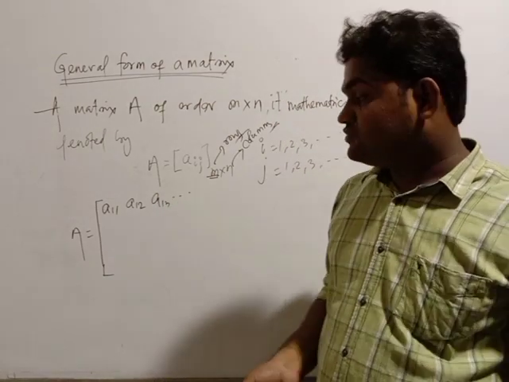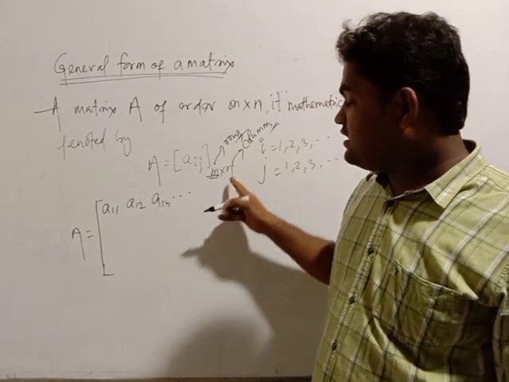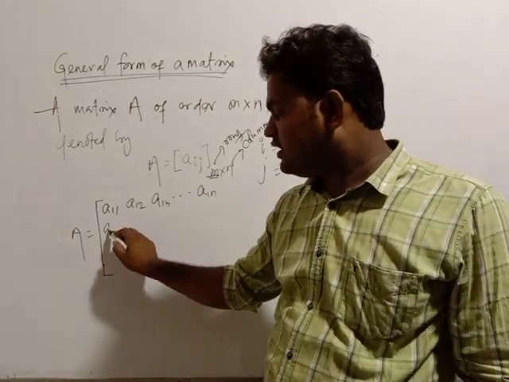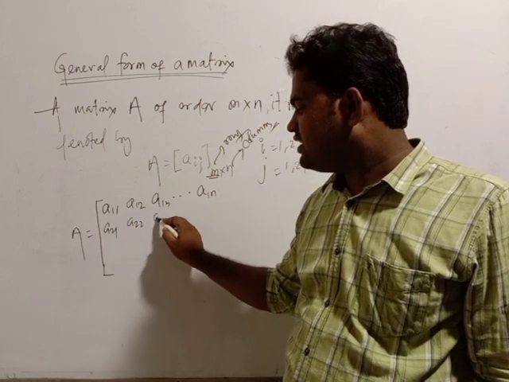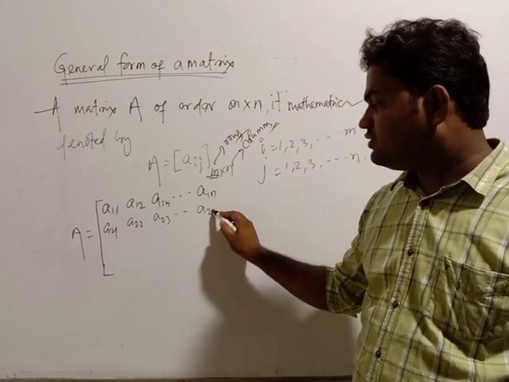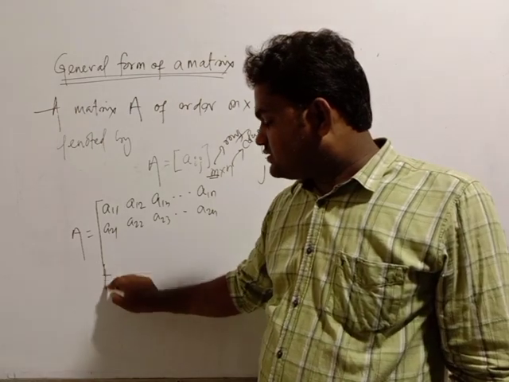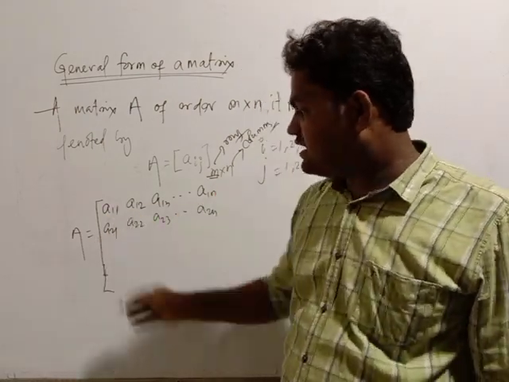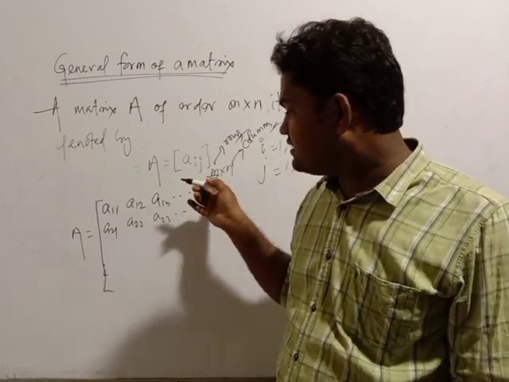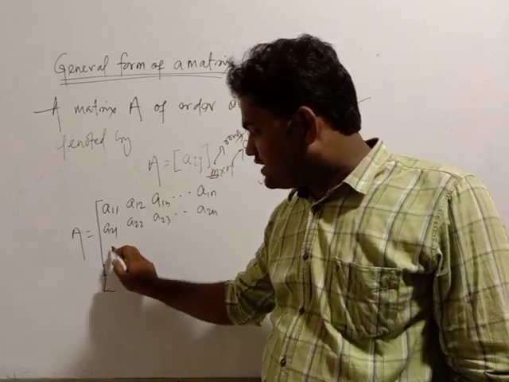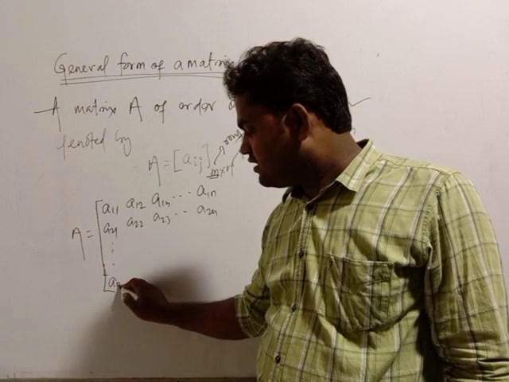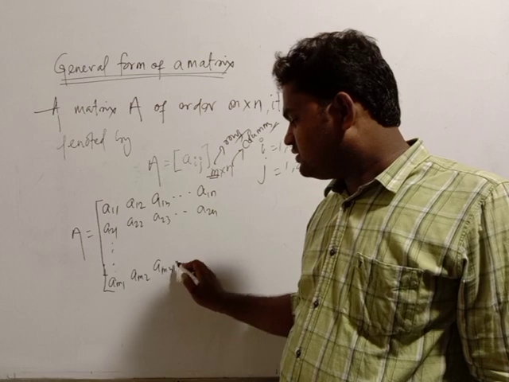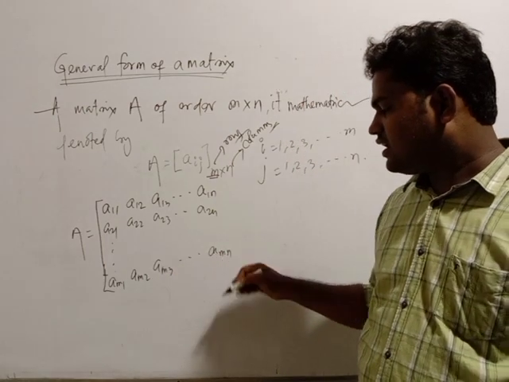So how many columns are there? There are n number of columns. So this one a1n, and this one a21, a22, a23 up to a2n. Next, there are m number of rows. This one the first horizontal line, this is the second horizontal line. Since there are m number of rows, the last horizontal line is am1, am2, am3, and the last amn.